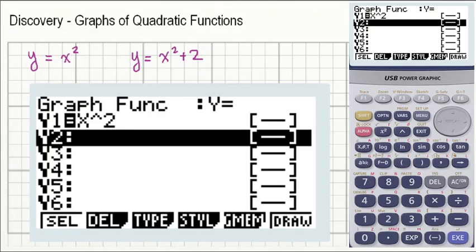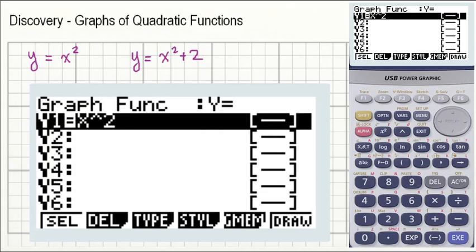One thing to know here is that all of those buttons that I have here, F1, F2, F3, they will do those functions that you see up here. So if we press F1, we can select or unselect this function, and it will be plotted if it's selected, or it will not be plotted if it's not selected.